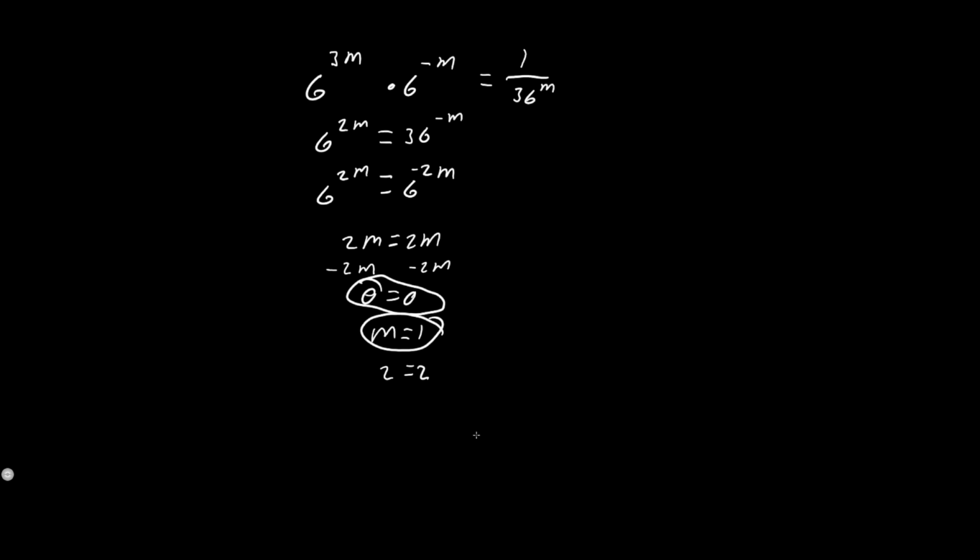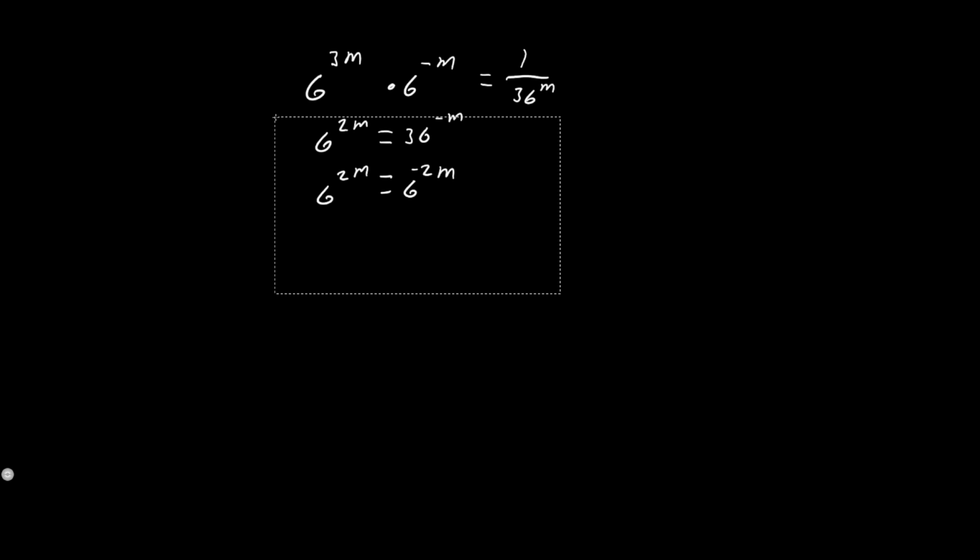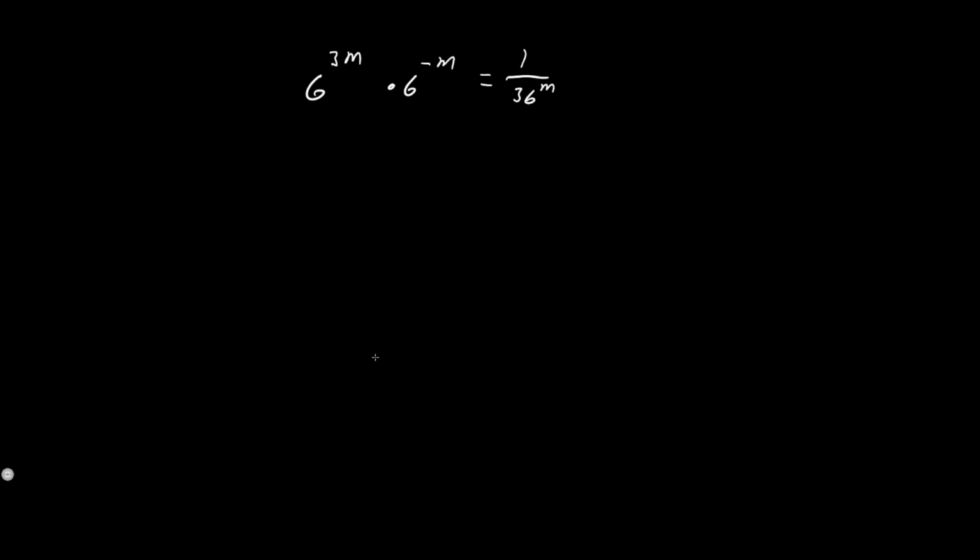When we come up with equations like this, we basically go with the assumption that there is no possible solution that satisfies our equation. So we try m is equal to 1, and if that is wrong, then you can say that there are no solutions. So we have 6 to the power of 3 times 6 to the power of negative 1 is equal to 1 over 36.